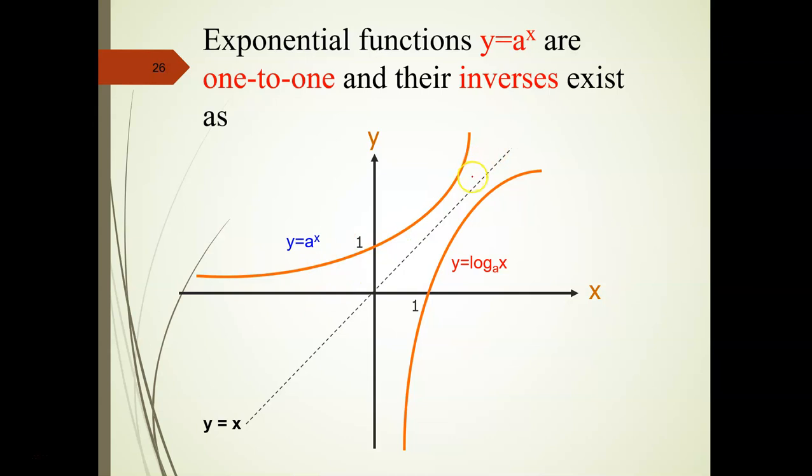So how to find the inverse from the previous chapter? You sketch the graph by reflecting it across y equals x. In this case, the same. Exponential function and logarithm function are inverse to each other. So you must remember.